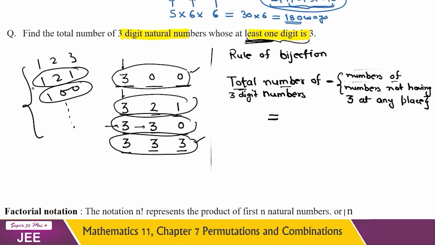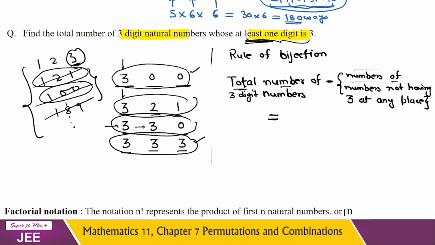It means that I am excluding 121, I am excluding 100, I am excluding 189. Why? Because these are the numbers in which 3 is not occurring, not even once. Alright, so if I subtract these numbers, then I will be left only with those numbers that will have 3 at least once in the 3 places. Are you getting my point?